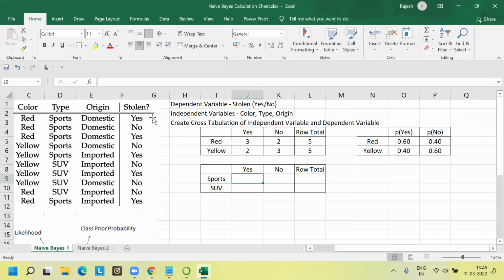So how many sports cars are stolen? 1, 2, 3, 4. 4 sports cars are stolen. 2 are not stolen. 1 SUV is stolen. 3 SUVs are not stolen.